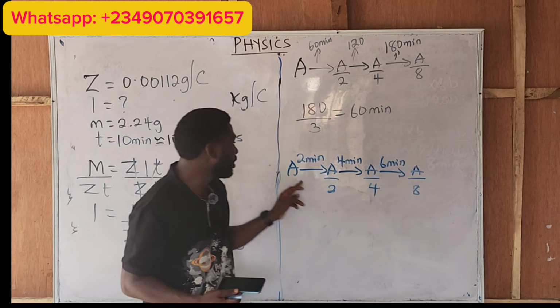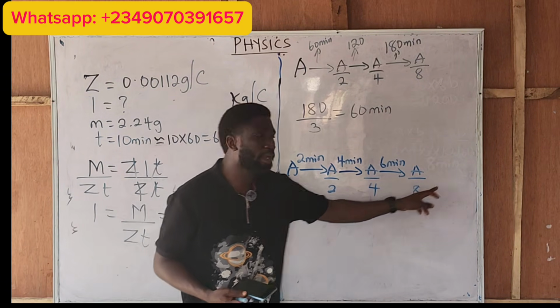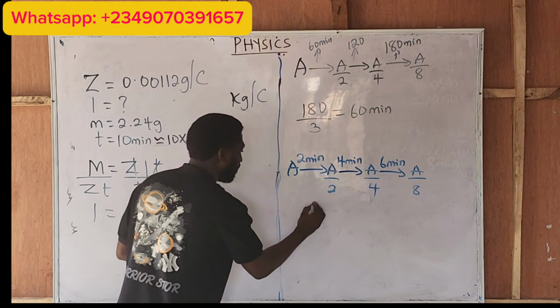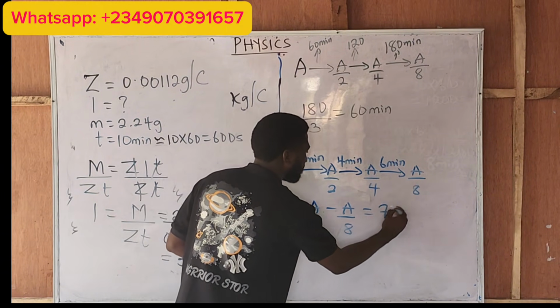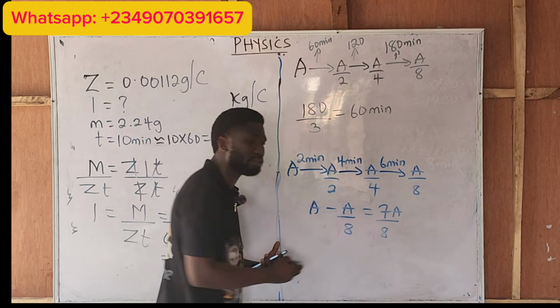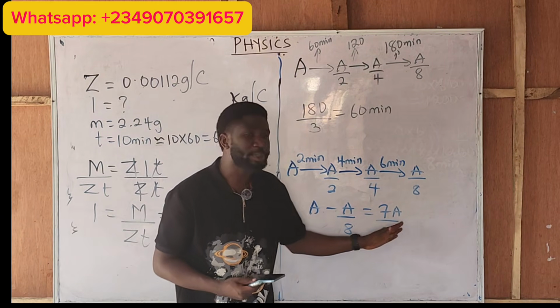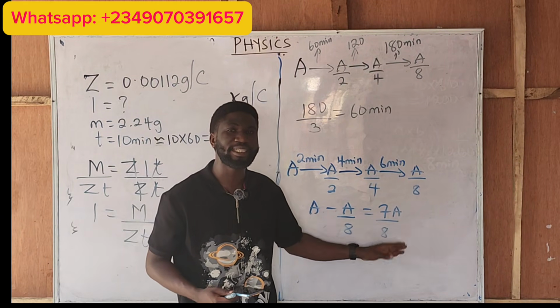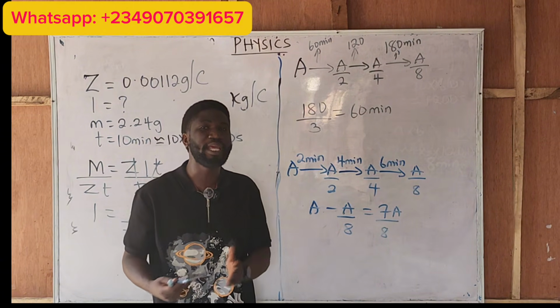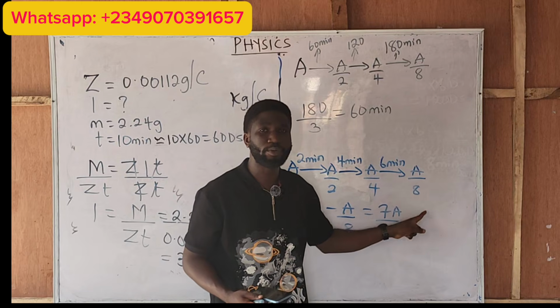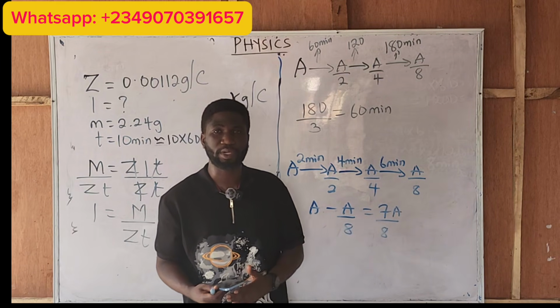That is the original value minus what we have left. So A minus A over 8 gives us 7A over 8. So this is the value of the substance that has disintegrated. But if we are told to find the value of the substance that we have left, that is A over 8. I believe you are clear with that.